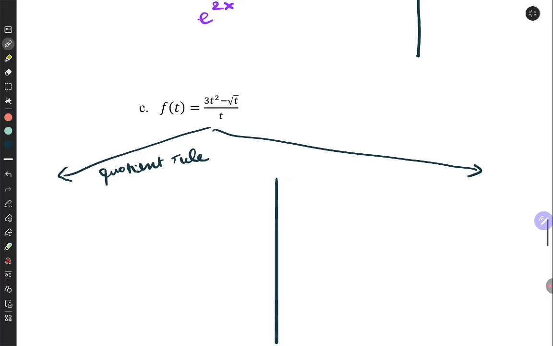And by doing this example, you're going to see that quotient rule is a painful method. The formula by itself is already complicated. Therefore, quotient rule is not the most optimized approach. Sometimes you're going to figure out a better way, which is over here. So think about that.